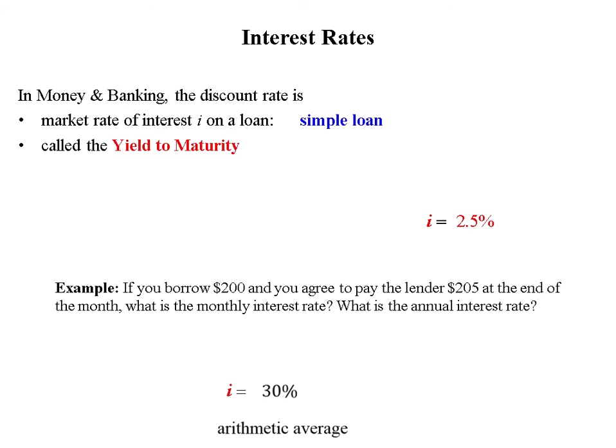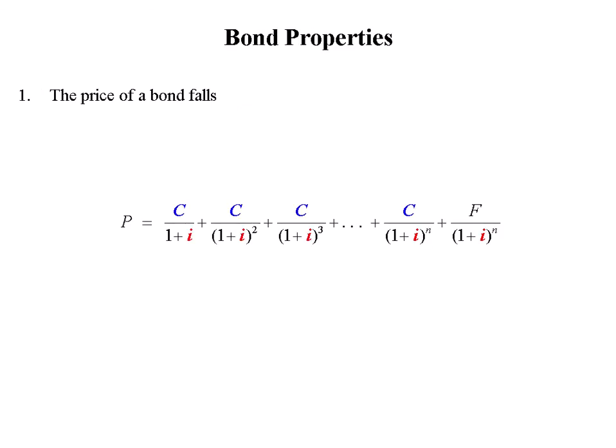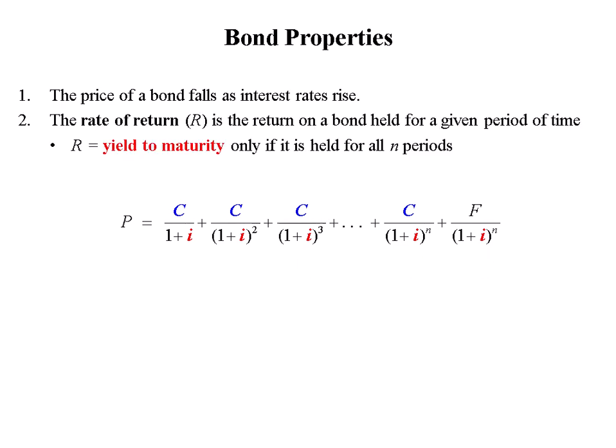And again, that's an arithmetic average, and that's what we generally do in finance and money and banking. If you were to use probably a more accurate way to do this, a geometric average, it would be more like 34.5%, which is a big difference between 34.5% and 30%. Okay, some bond principles. The price of a bond falls if the yield to maturity goes up.